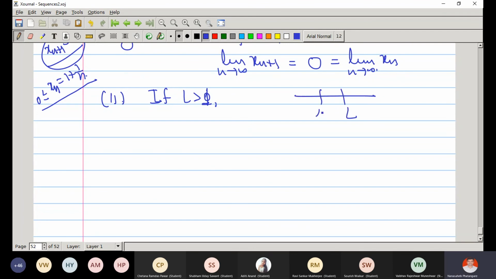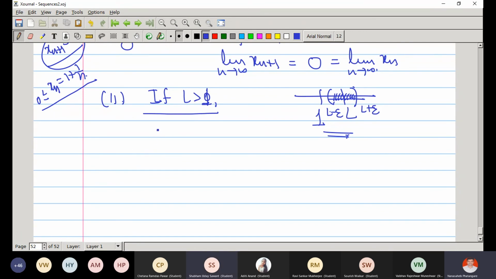If L is greater than 1, if I choose a suitable epsilon, then I can find that after some k all terms are greater than L minus epsilon, and L plus epsilon is a quantity still greater than 1, right? And then you think about the limit. Do you understand what I want to say?